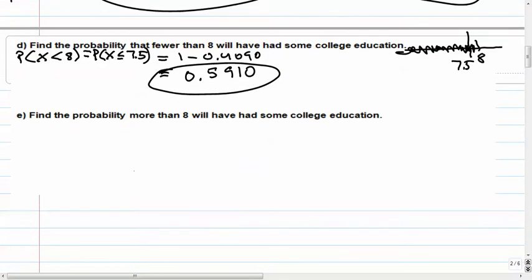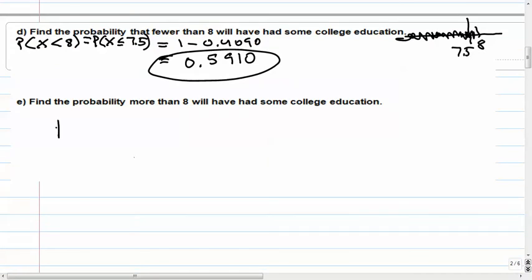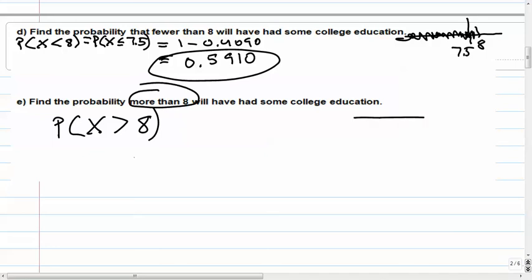E, what's the probability that x is larger than 8? So the reason I'm doing this one, we want to be larger than 8. So here's 8. I want to be on this side of 8. But in this scenario, I want to be above the 8. So I'm going to actually add a half to this one.